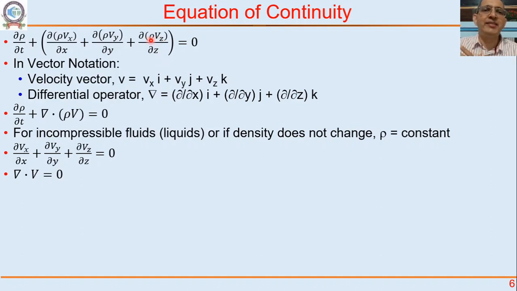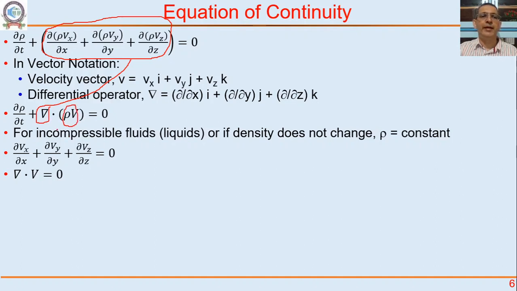Rather than writing in this x, y, z form, we write it in an easier manner, in vector notation. If I write the velocity vector as Vx i, Vy j, Vz k, and a differential operator del as del by del x i, del by del y j, del by del z k, then this whole bracket I can write as a dot product of the del operator and rho v.